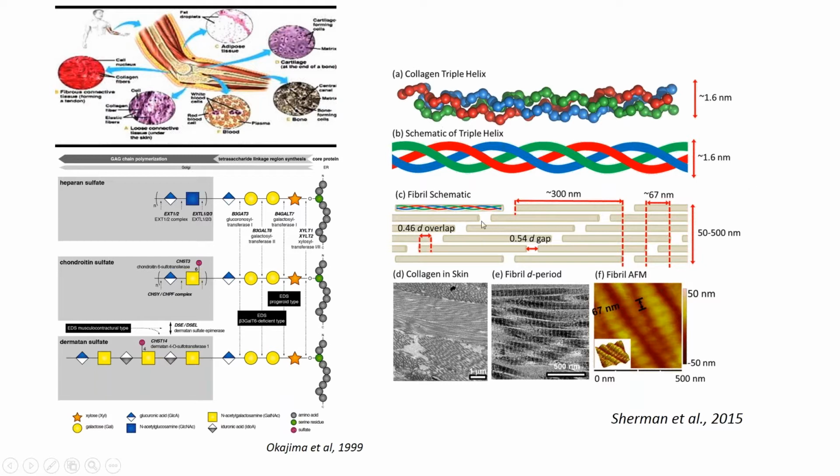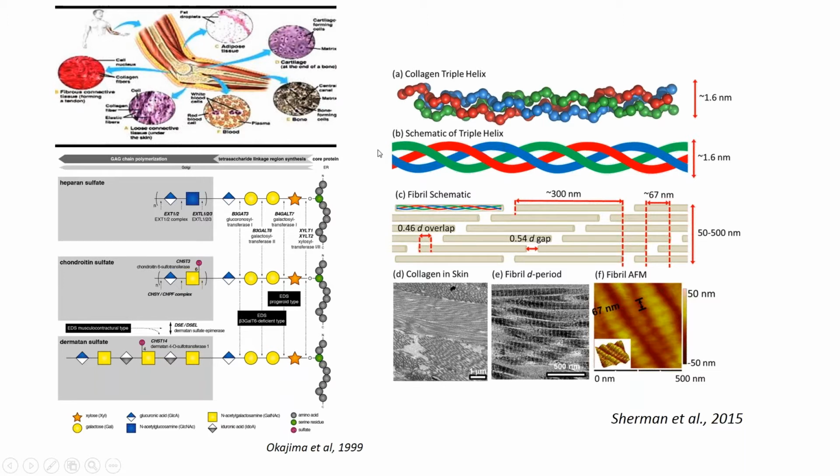Over here on this side of the slide, we see the triple helix, which forms what we call the fibrillar collagens. The fibrillar collagens are a subset of the collagen molecules that have a triple helical formation in the middle of the collagen molecule. That triple helix is composed of 3 alpha chains. The alpha chains may be the same or they may be different.